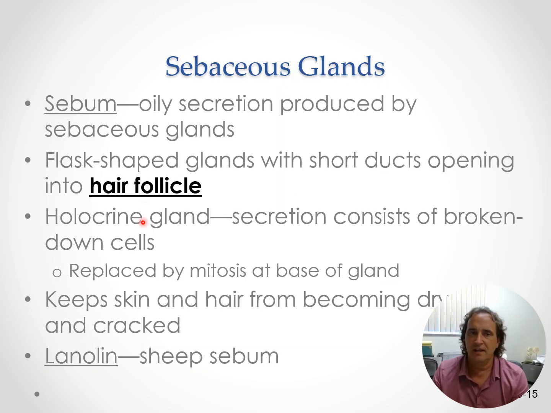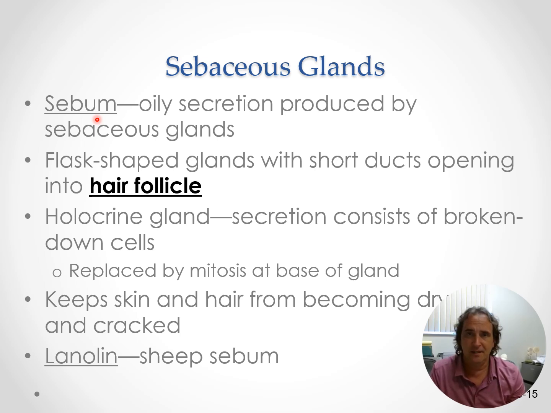So sebaceous gland, you're looking for a hair follicle. And one interesting thing to think about with the sebaceous gland: if you work out or you're outside this weekend or whenever, and your hair gets kind of oily, that's going to be sebum, because sebum is going to be the secretion from the sebaceous gland.